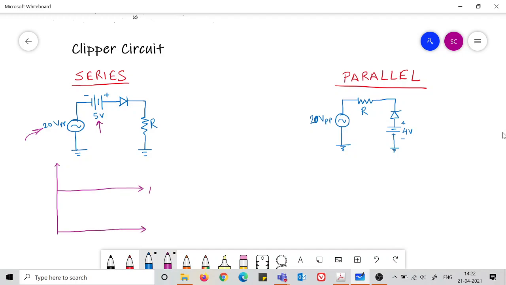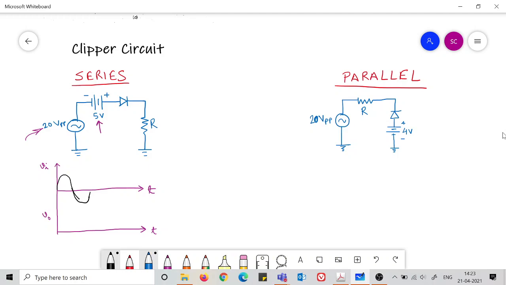So this is the input with the time. So this is Vi, this is V0. So Vi is 20 volt peak to peak. So we have a... but let us go step by step for everyone.